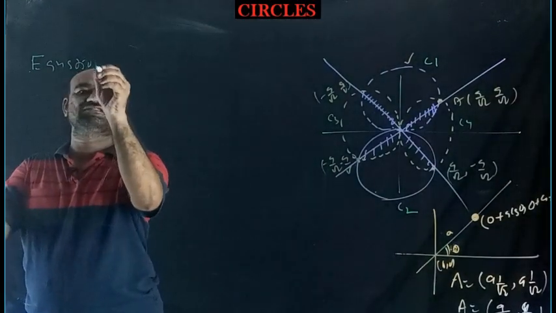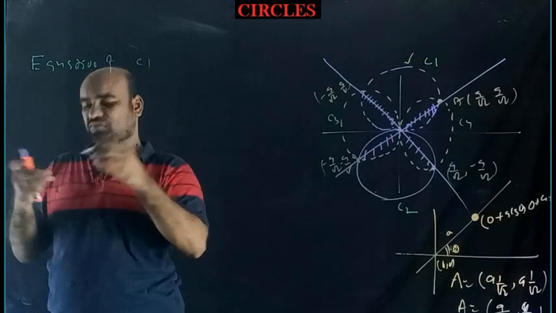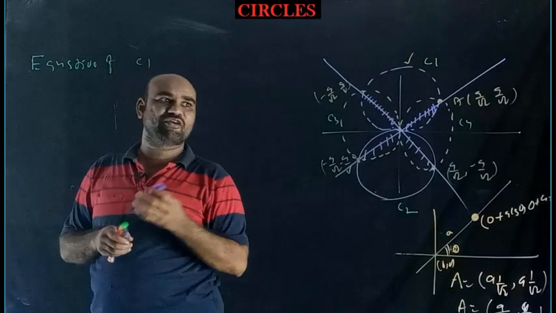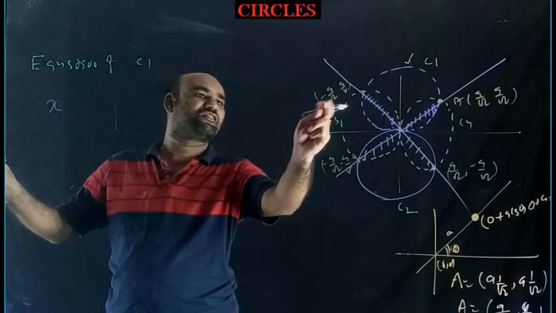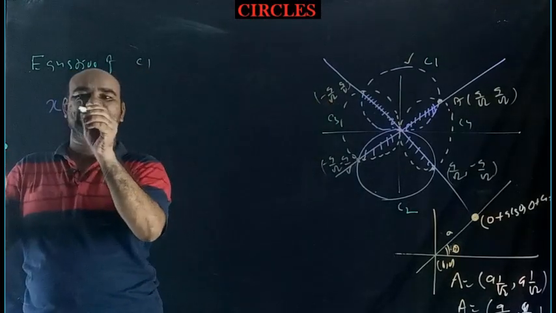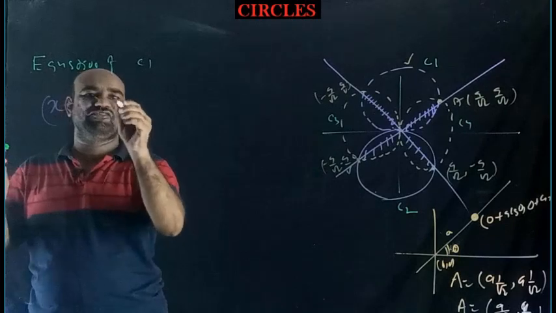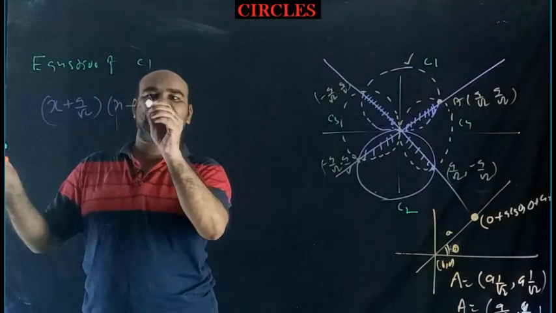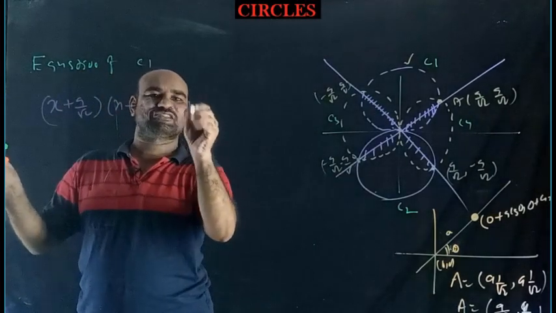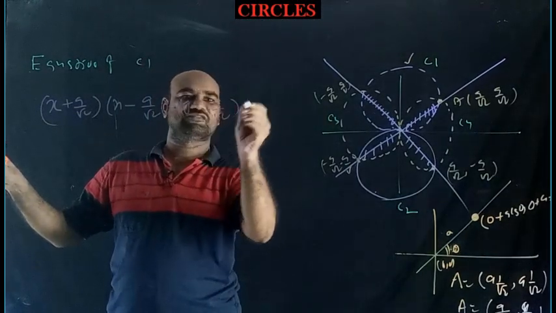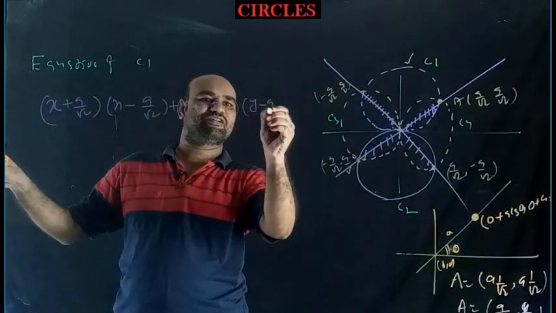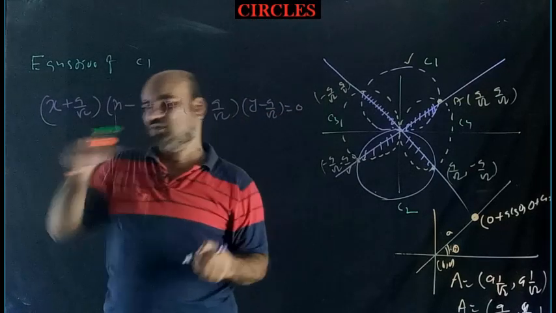Equation of C1. By using the diametric form, x minus x1, that is x plus a by root 2, into x minus a by root 2, plus y minus y1, that is y plus a by root 2, into y minus a by root 2 equal to 0.